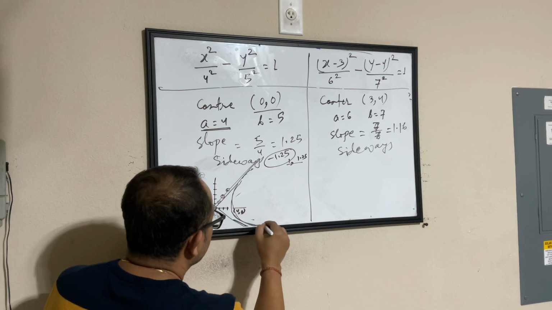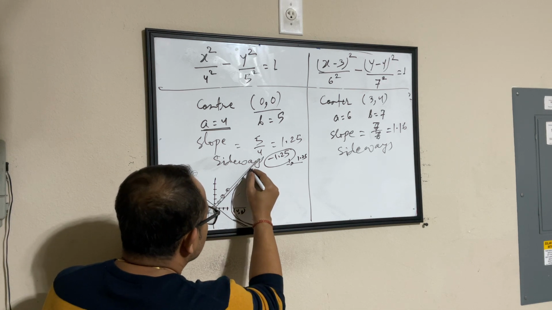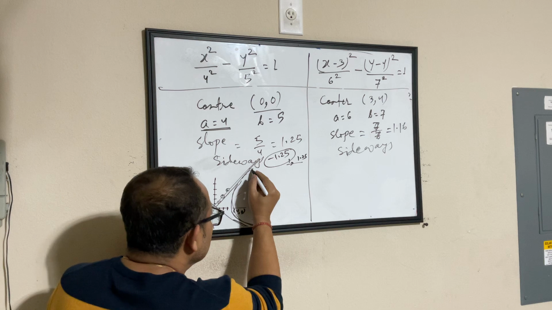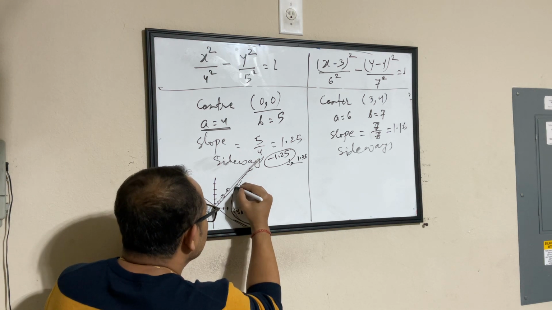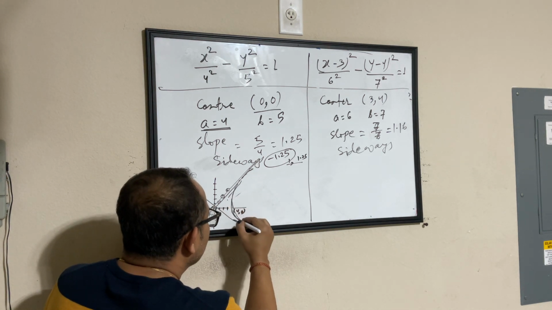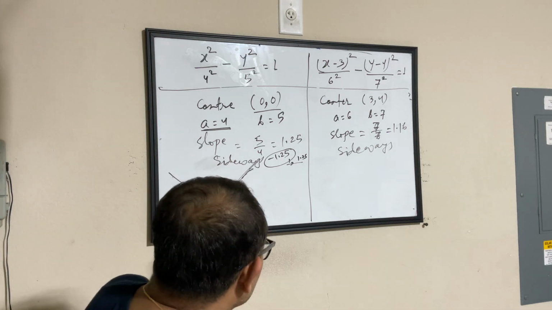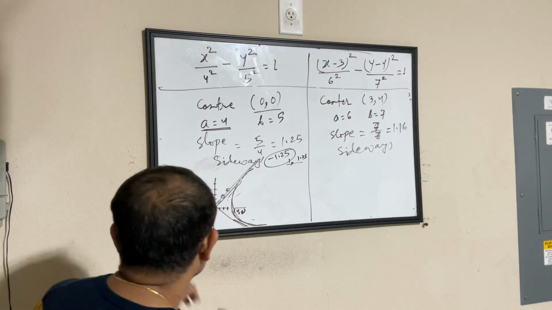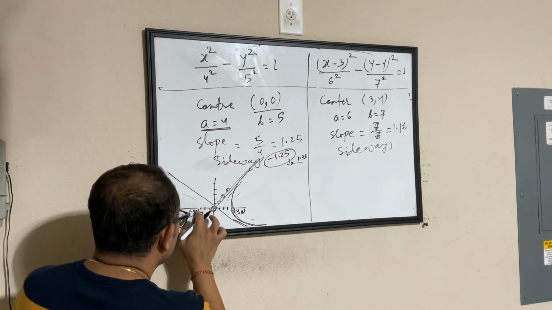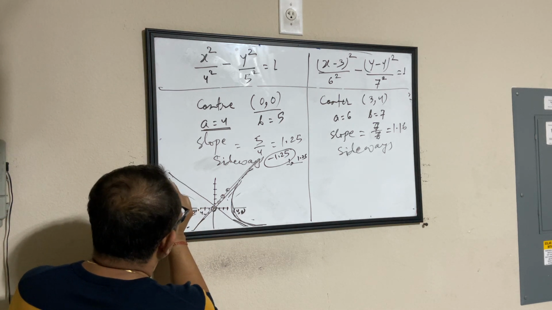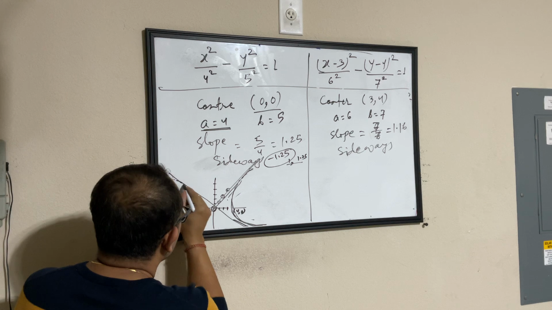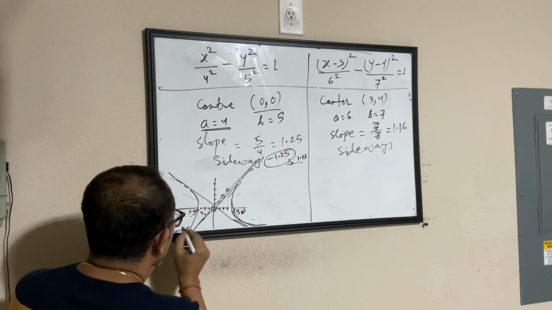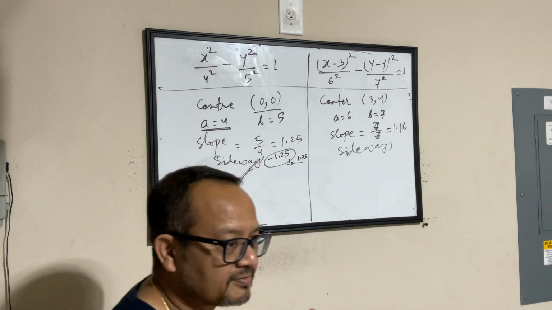If you look at this, it is not touching the asymptote. It just gets very, very close, teasing the asymptote, and moves away. Same way here. This gets very close to this one, teases it and moves away.